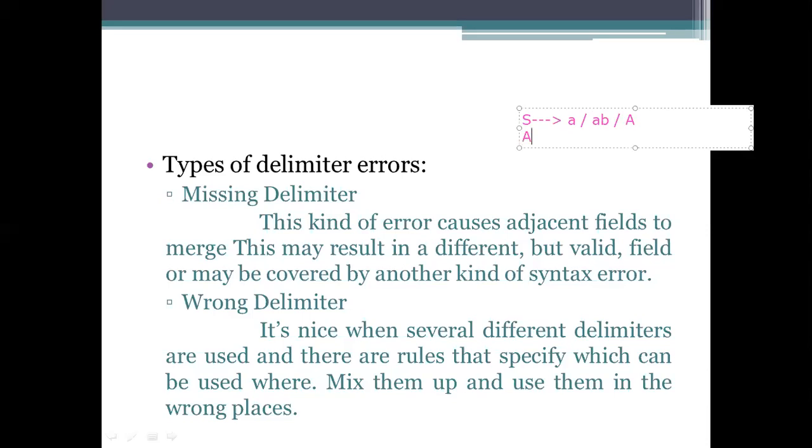Okay, so what is capital A? We should write capital A is AA, and next B, which is followed by capital B. Its definition is B, and I am representing it as null.